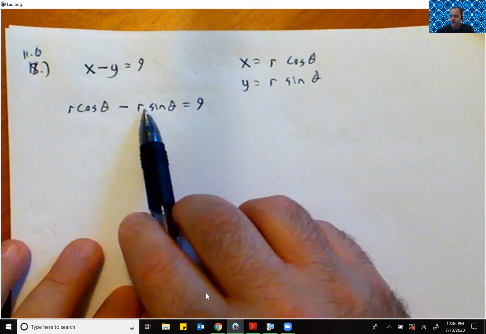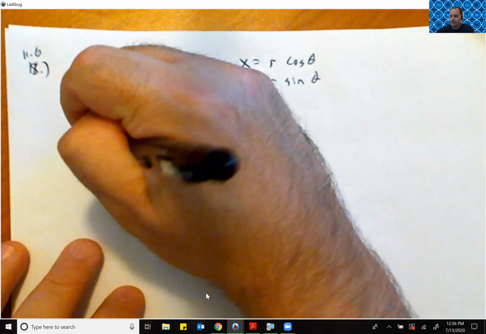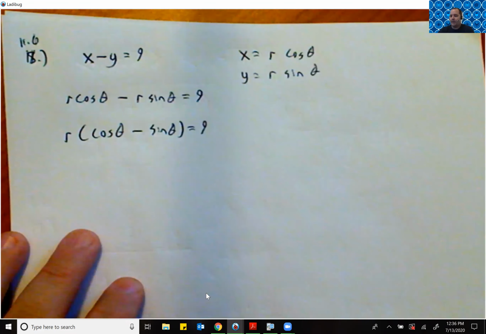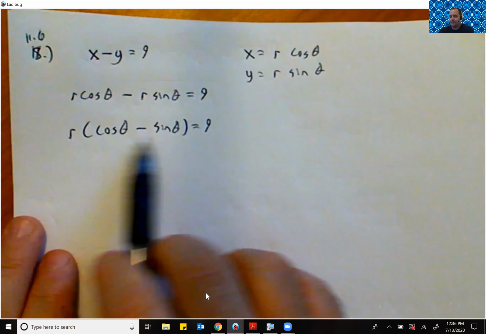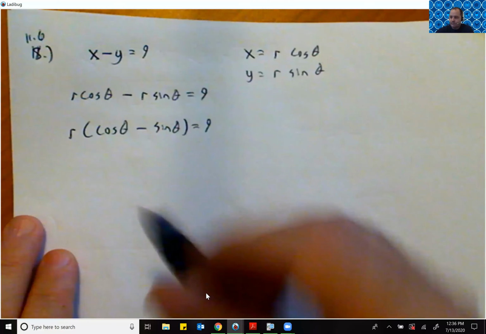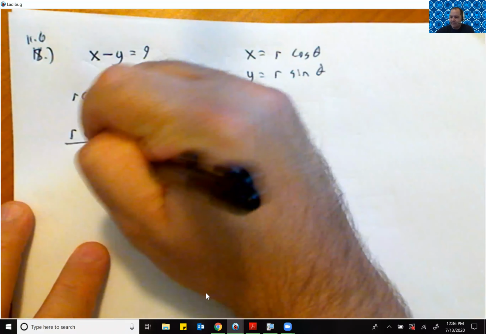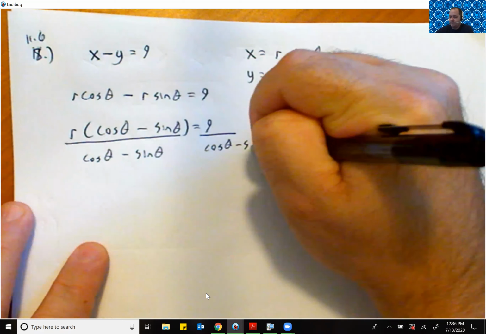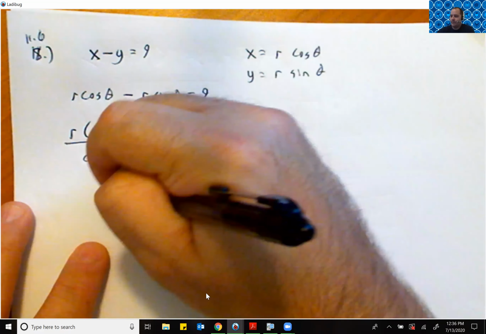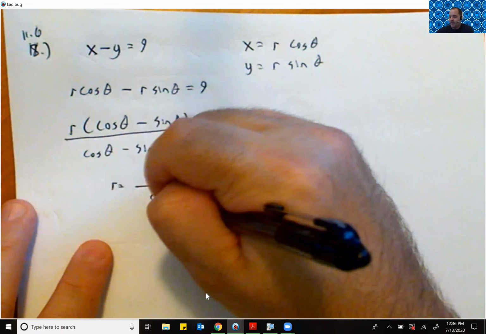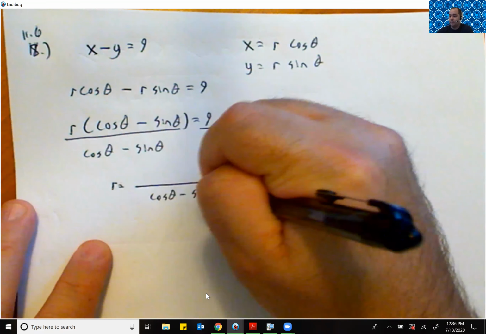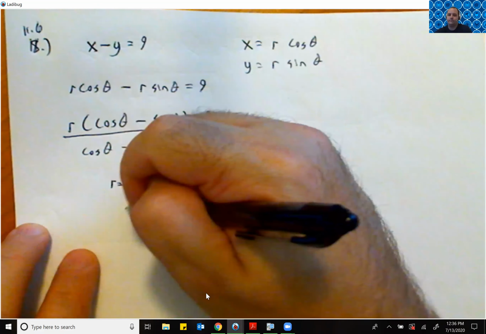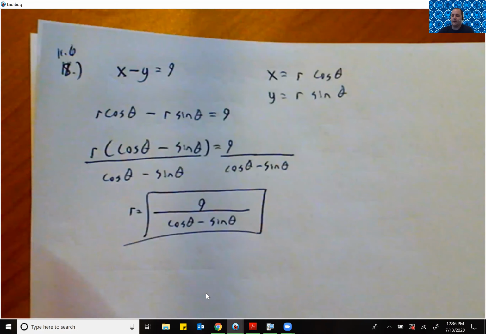What can we do? Pull it out like a GCF. How do I get rid of multiplication here to get the r by itself? You divide. So r equals 9 all over cosine theta minus sine theta. That's what goes in there. It's just a simple substitution and then get the r by itself.